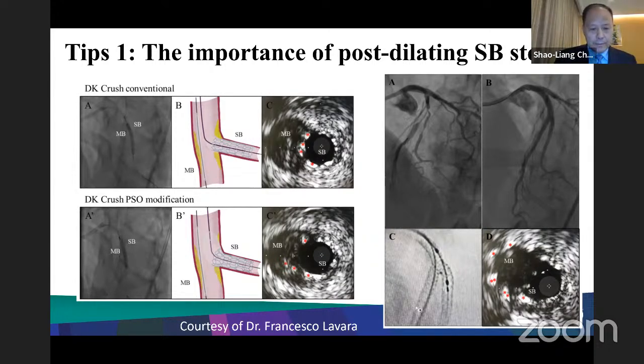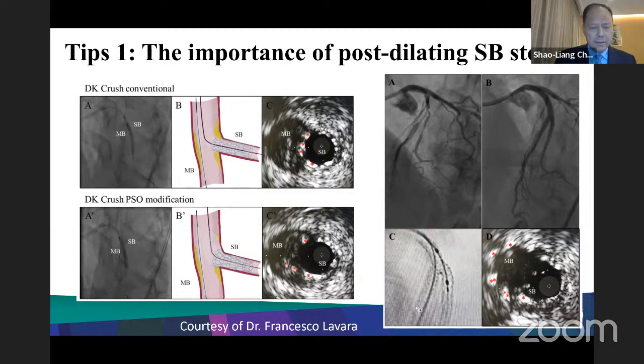These two images come from Dr. Francisco Lavara, my great friend. He modified the key step for optimizing the side stent. It means if there is at least one side branch taken from the proximal LAD, the side branch stent size should be undersized for the very proximal LAD.